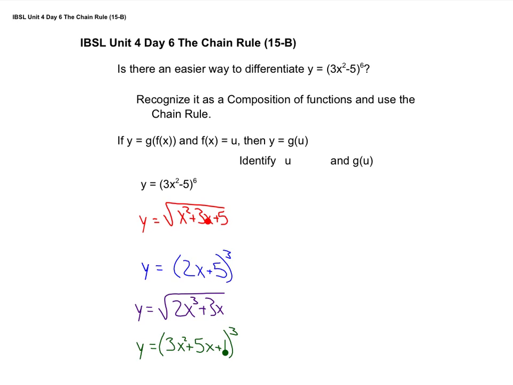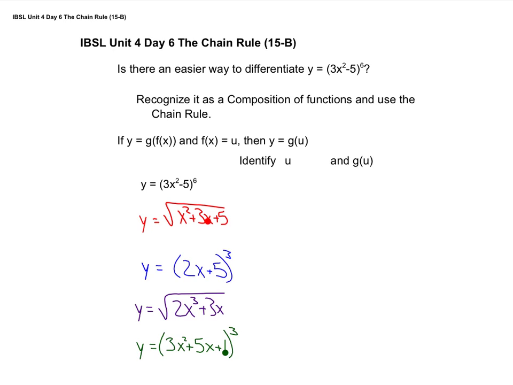That's exactly what we have to do here as we look at what's called the chain rule. In calculus, the chain rule allows us to differentiate things like y equals (3x squared minus 5) to the sixth. How would we do this, at least up to this point?